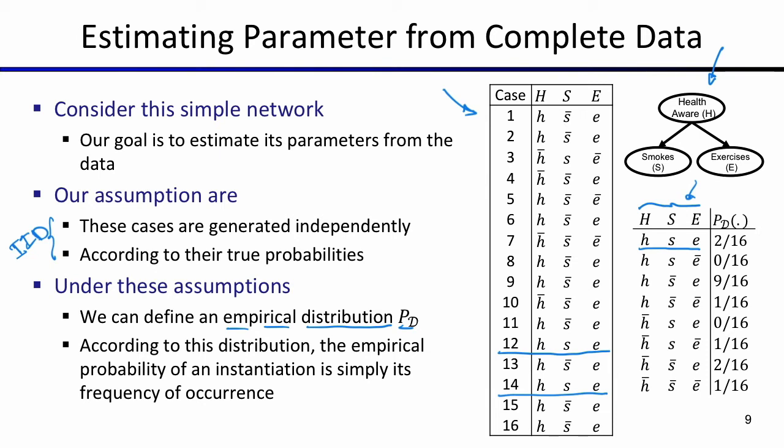But this idea of the empirical distribution is very useful in order to understand the process that is happening when we estimate the parameters. We can think that we are going from data to the empirical distribution, and from the empirical distribution to the parameters. It's one extra step, but it helps us understand how it works. But in practice, we skip this middle step and go directly from the data to the parameters.